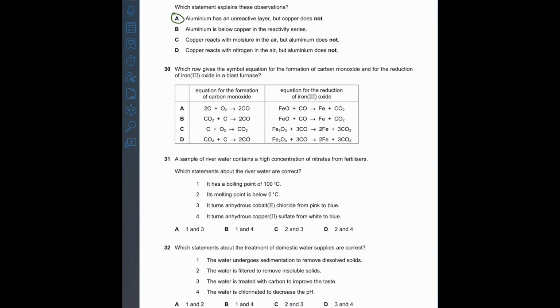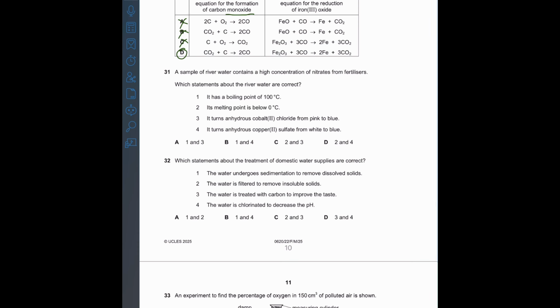They are talking about iron 3 oxide, meaning iron has an oxidation state of 3. So it's not A and B, because iron does not have that state there, and so it has to be C or D. Now we are asked for the formation of carbon monoxide, and we can see C has carbon dioxide, so C is also wrong. So the answer is simply D.